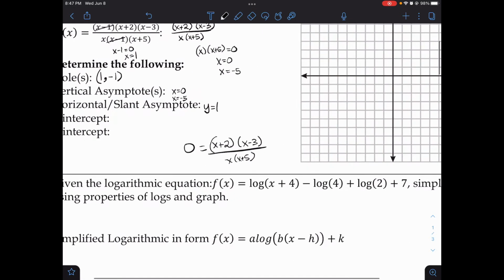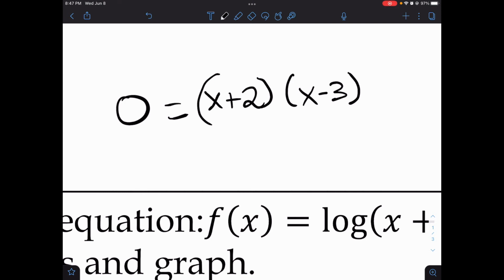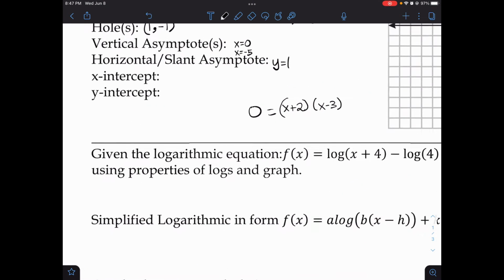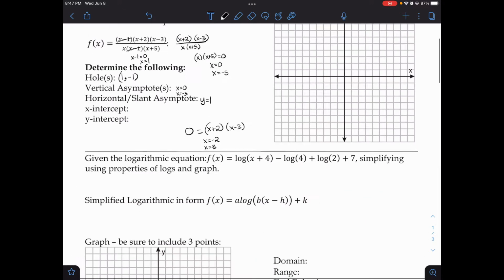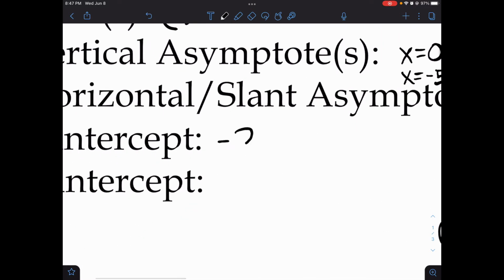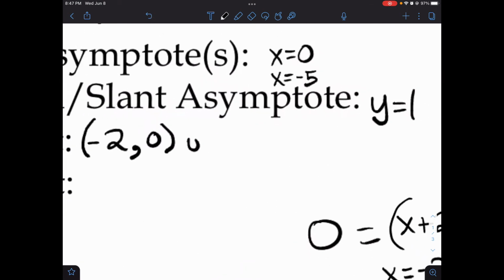When we have a 0 on the left side and we multiply by the denominator to cancel it out, 0 multiplied by anything is just 0. So this just cancels itself out, and now we are left with the equation we can solve. So our intercepts lie at x is equal to negative 2 and x is equal to 3. Now let's write the coordinates for that right here. Negative 2 comma 0, and 3 comma 0.